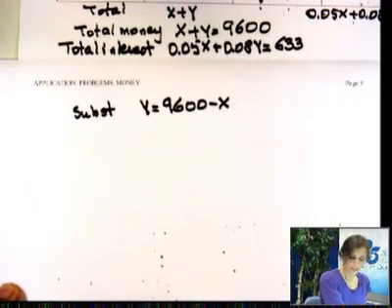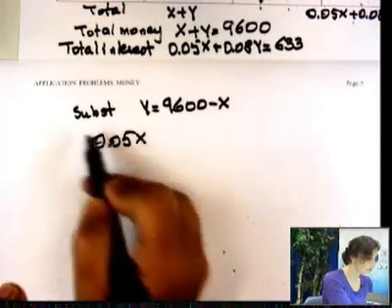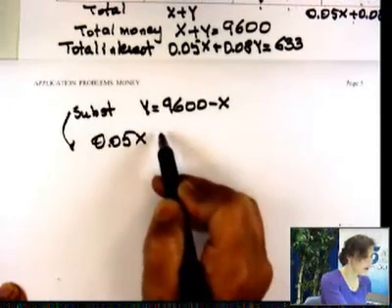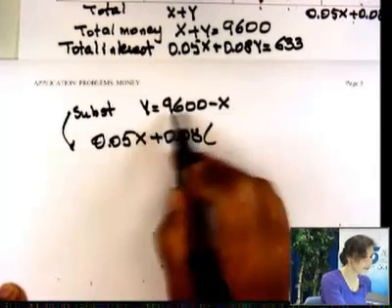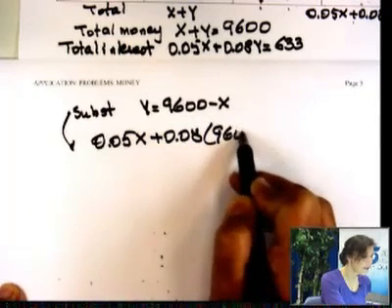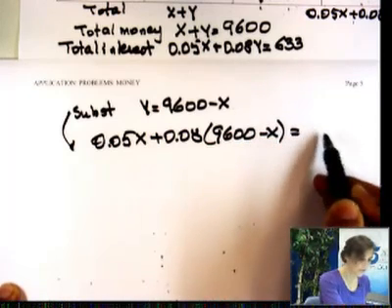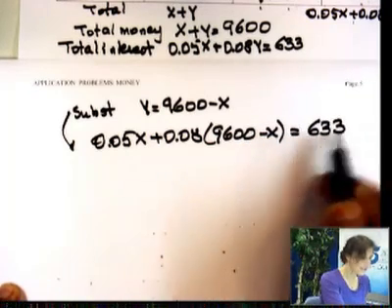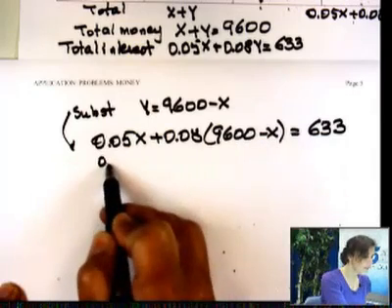Then I'm going to put that in the second equation. 0.05x, so I'm substituting in the second one, plus 0.08, and instead of y, I'm going to put this equation I pulled out, 9,600 minus x, and that is what? Total interest, 633.